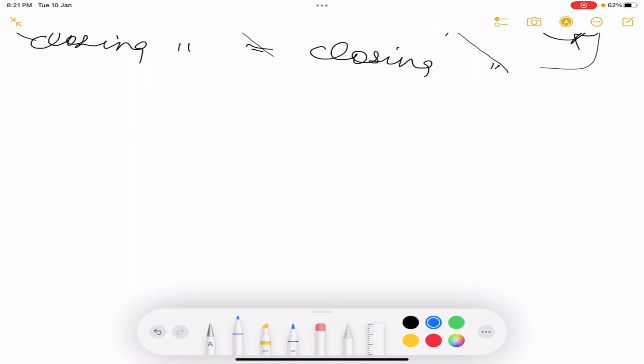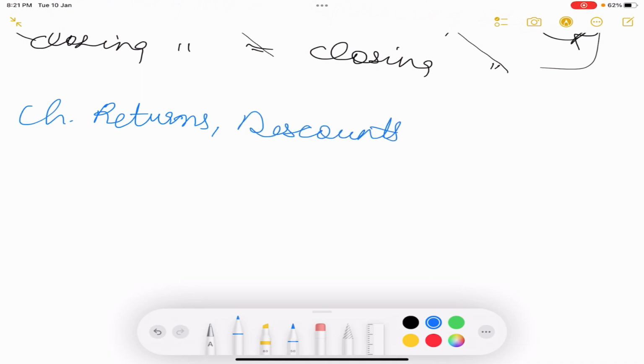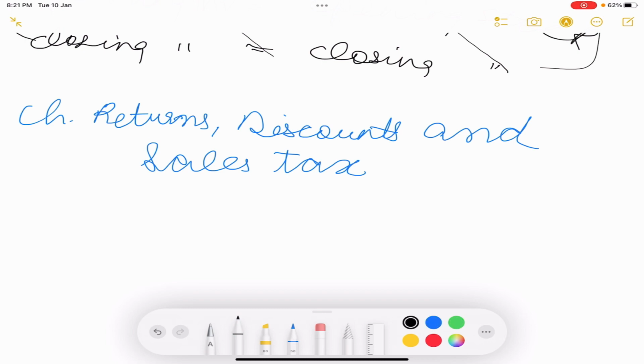So first we will solve the exam kit of chapter 5 in our Kaplan, which is returns, discounts and sales tax. First thing, what is the journal entry of cash sales? Debit cash, credit sales. We know this.